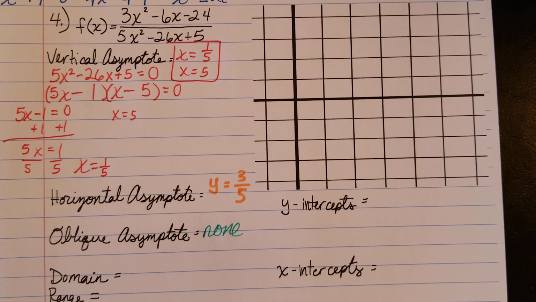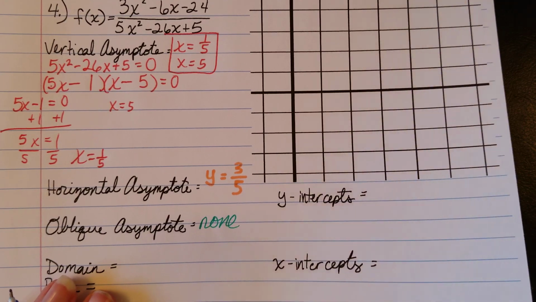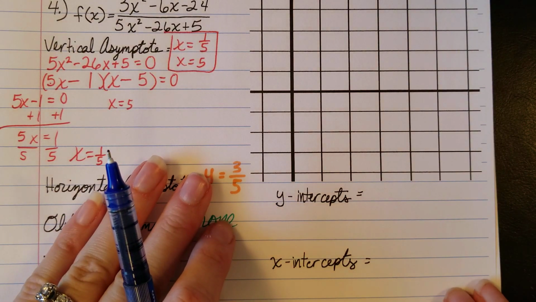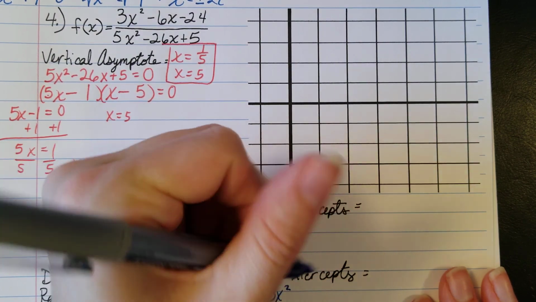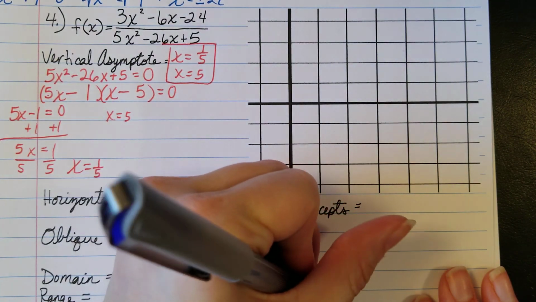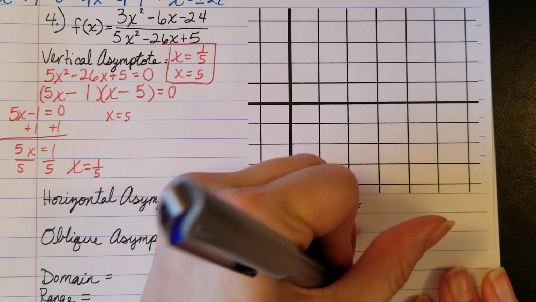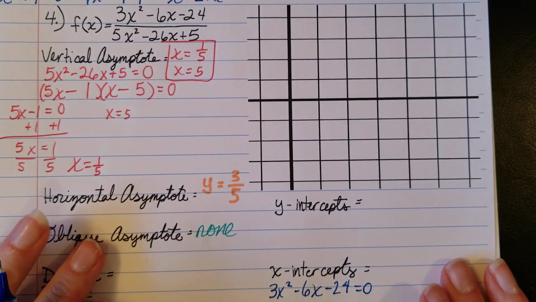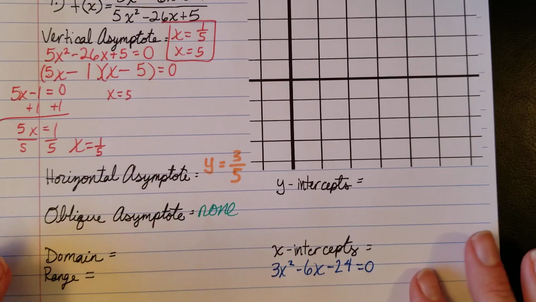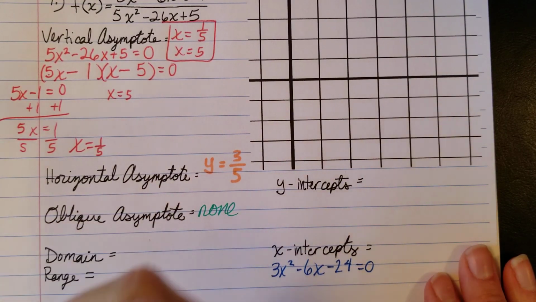And then let's see. So to find x-intercepts, we would have to set the numerator equal to 0. So we have 3x squared minus 6x minus 24 equals 0. All right, well, we can divide all that by 3.